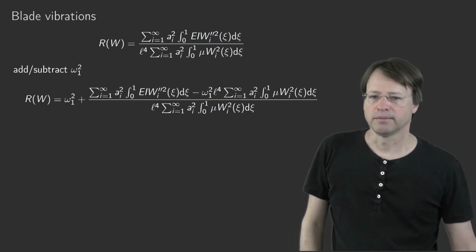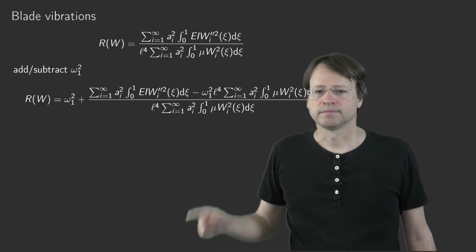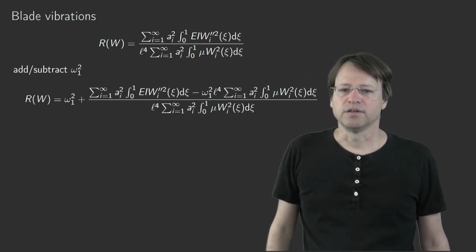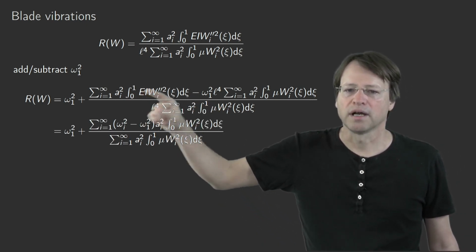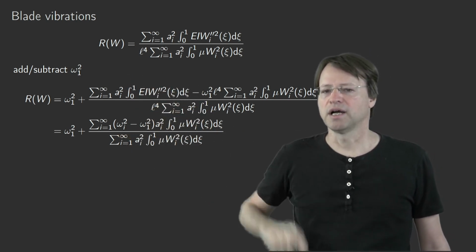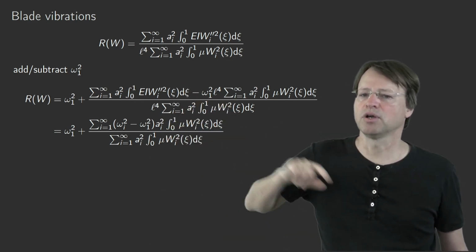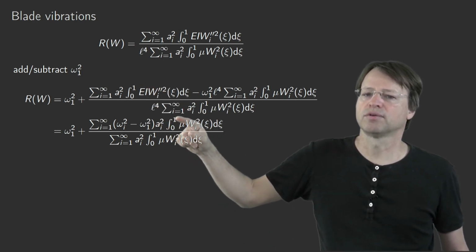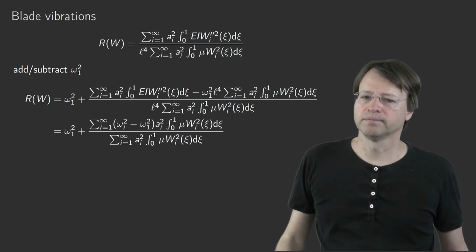Yeah? Well, I can then see that I have to take the difference of the omega i's, because if I switch here to kinetic energy, the omega i squared will appear, but here there is only omega 1 squared. So omega i squared minus omega 1 squared, A_i squared, and then the integral from 0 to 1 of μ W_i squared dψ.